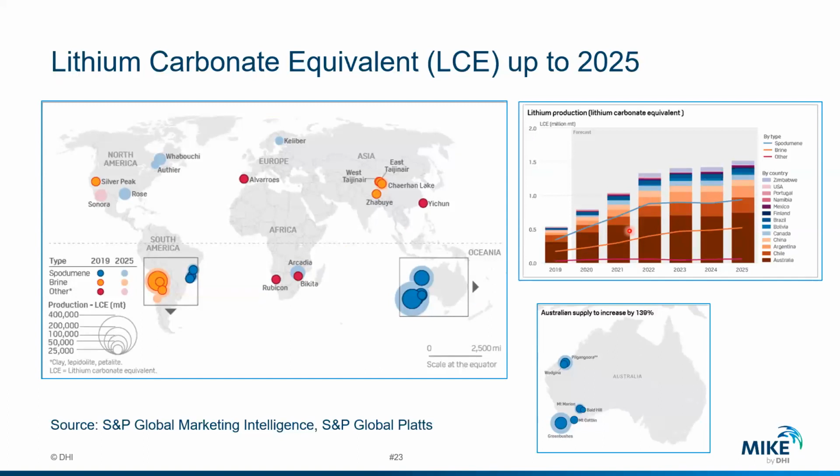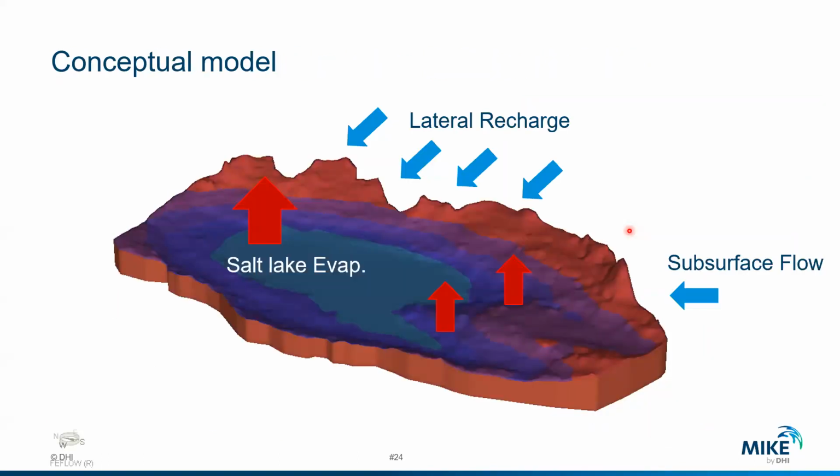For those working in mining, FEFLOW is also very popular in lithium applications, so there is a lot of demand on this because of e-mobility around the world. So it's estimates of lithium carbonates. Typically you have, so this is a case in South America, a lake, a salt lake, then you have some lateral recharge, maybe coming from the mountains.